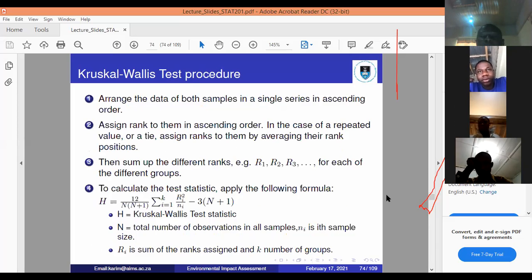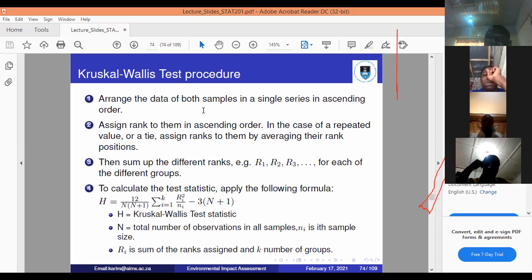Okay, so how do we apply the Kruskal test to 3 or more groups? First, you'll be given the data from different groups, but then you have to arrange the data in ascending order as if they are just the same data. So you have maybe sample 1, sample 2, sample 3.